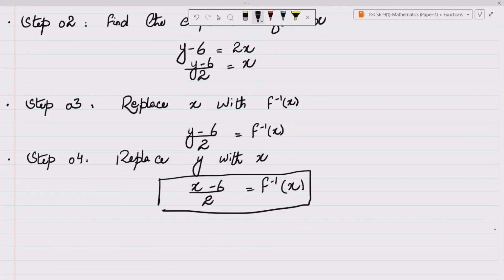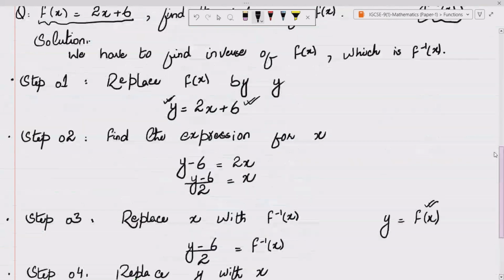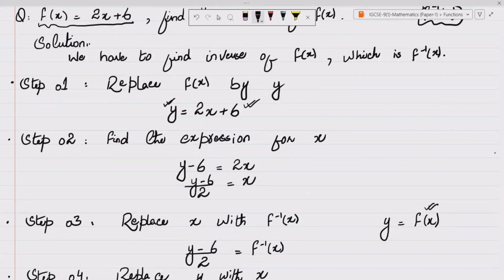One thing which is very important: here I said replace x with f inverse x, right? You can see that y equals f of x. We replaced f of x with y in the first step. It means we take f of x equals y, so x equals f inverse y.